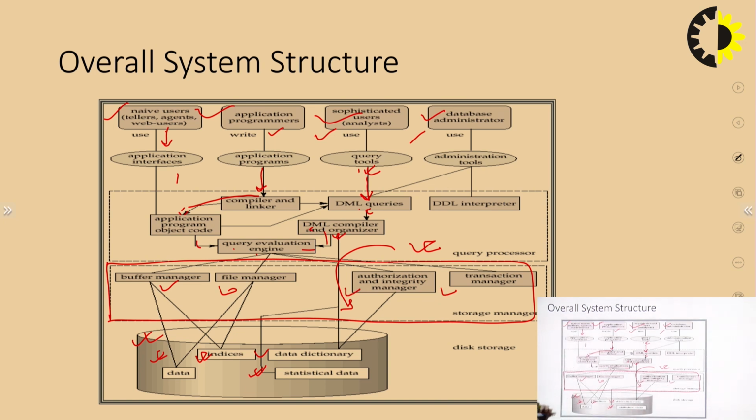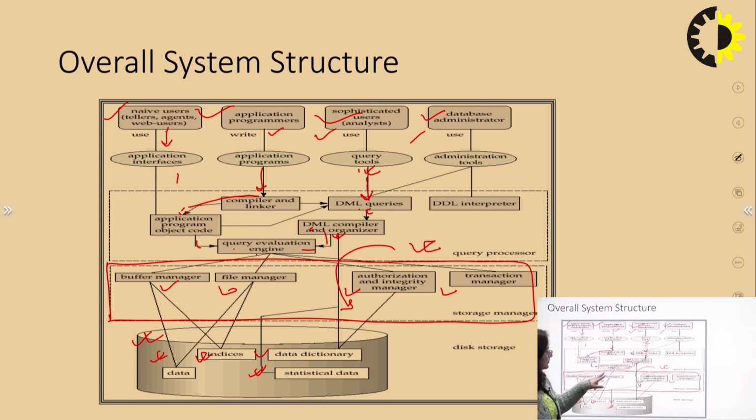So there are n number of transactions which will be managed by the transaction manager. They will ensure consistency, integrity, and authorization: who is authorized, control given and revoked. The authorization and integrity manager will do this work. Then the file manager will handle the storage process, and the buffer manager will handle all the information buffered here.